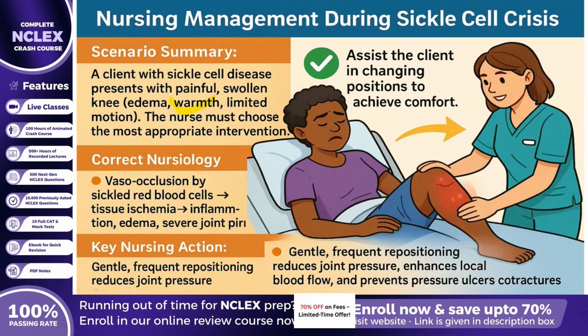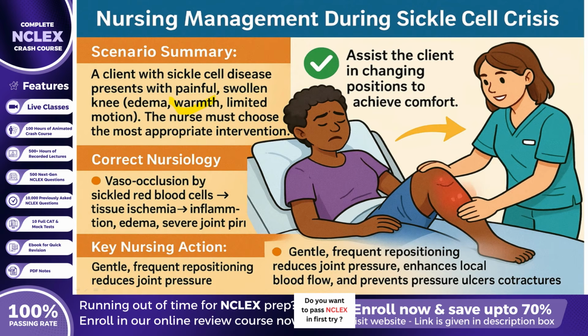The nurse's top priority here is to relieve discomfort while preventing further tissue hypoxia. By helping the client change positions gently and frequently, the nurse reduces joint pressure, promotes local circulation, and prevents complications of immobility like contractures or pressure ulcers. Because every client's pain threshold and circulation differ, repositioning must always be individualized and comfort-based.